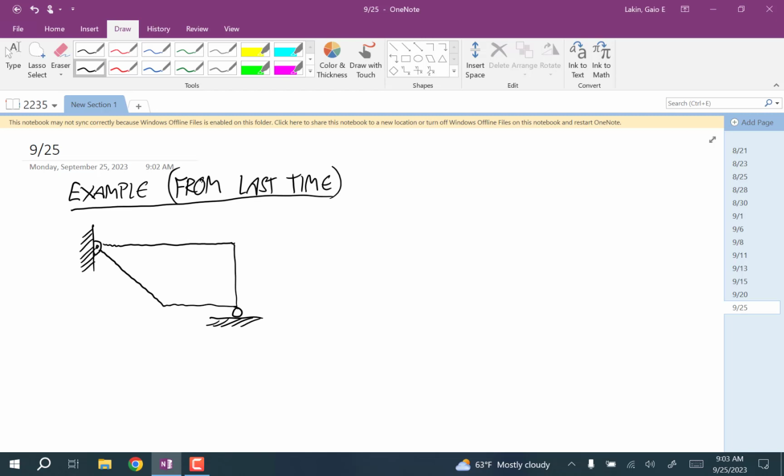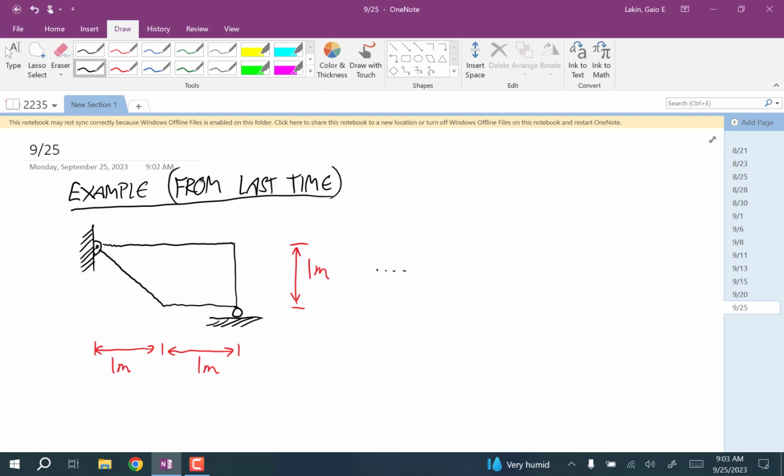The total length is 2 meters. Half of it is this part and half is this part. And then it's 1 meter tall. And we've been working on centroid. So the first part of this problem was figuring out where the centroid of this was, so you knew where the weight force is applied.